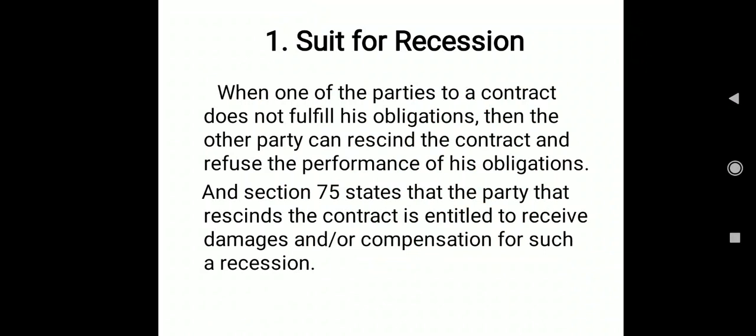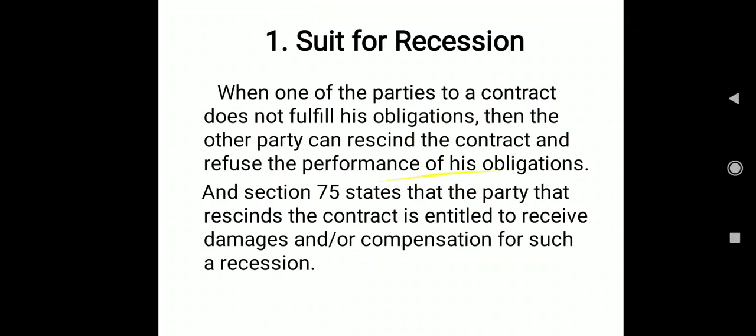Suppose you contract to provide catering services for an event, and the contract requires the other party to pay half the contract price by a certain date before delivery, that is advance payment, but the other party has never paid. So definitely from your side also performance is not required. You can also refuse the performance of your part of the obligation.